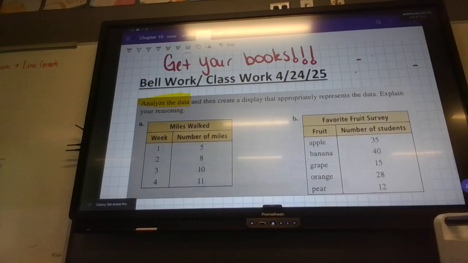Going through, remembering what a line graph is. Week 1, we're at 5 miles. Week 2, we have gone up to 8 miles. Week 3, we're at 10 miles. Week 4, we only increased by 1 mile to 11 miles.